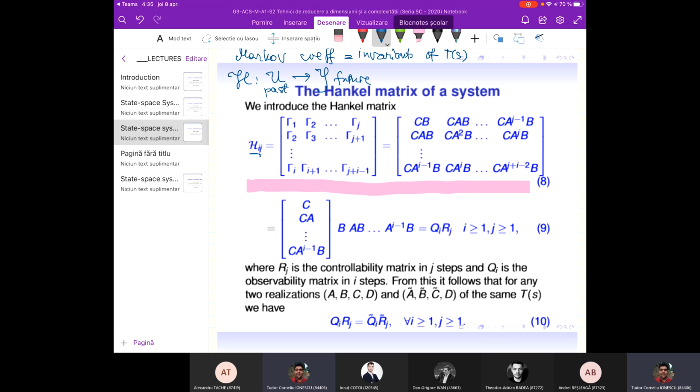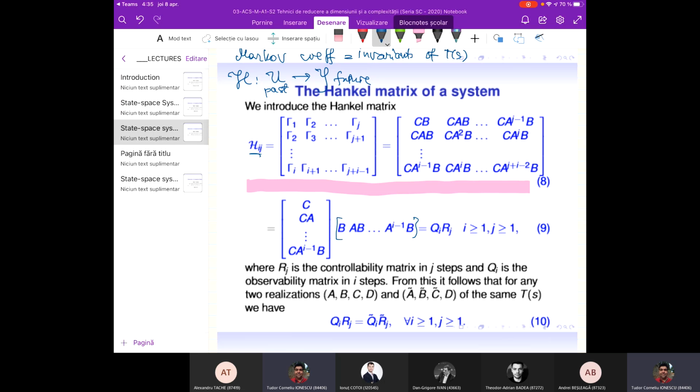But if you look closely at the structure and the shape, the Hankel matrix is actually the observability matrix in I steps times the controllability matrix in J steps. So this is very interesting. This Hankel matrix is the product of the observability and the controllability matrices.